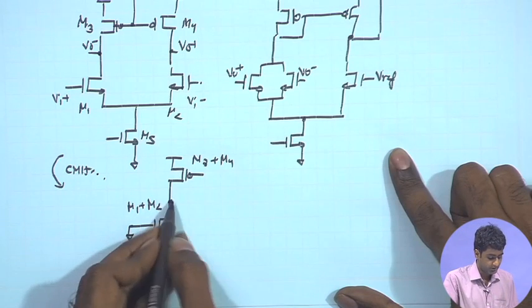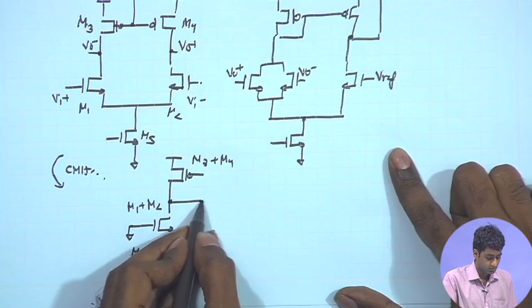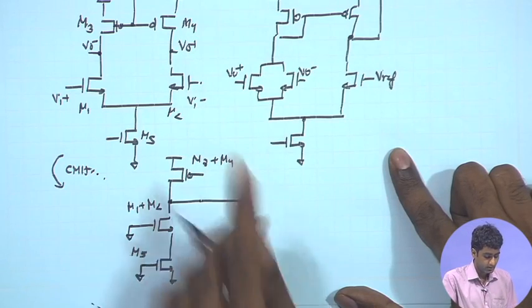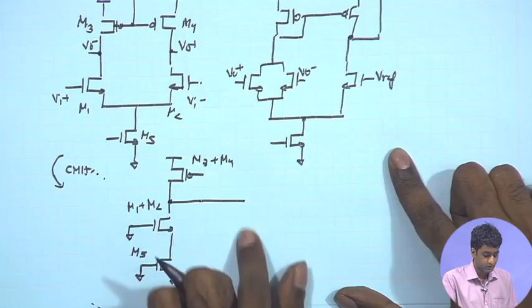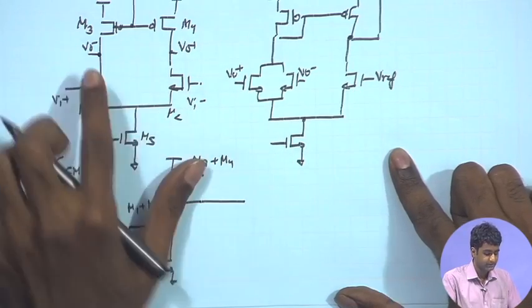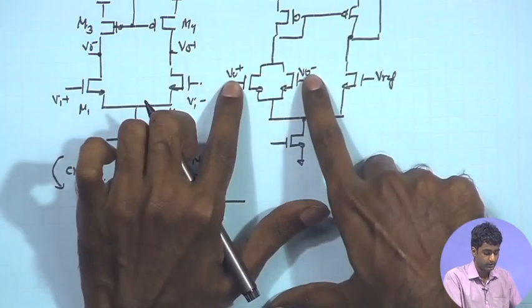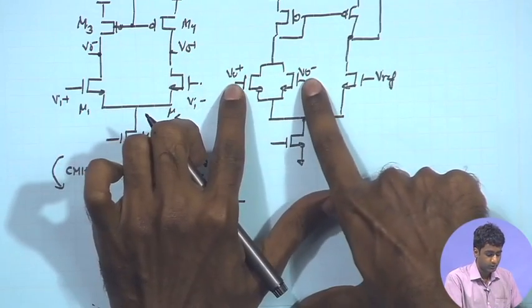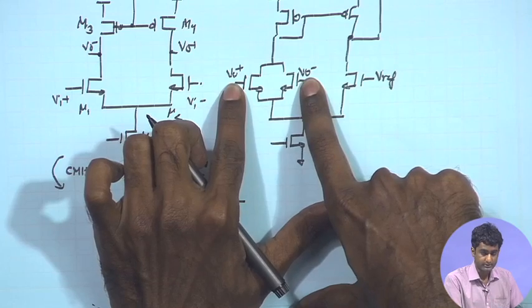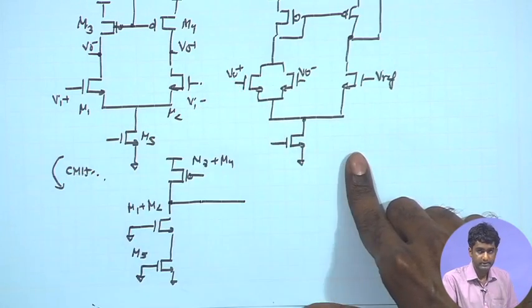Now, the output of this stage, as we know, is going to the error amplifier. So, basically I can put a symbol for this error amplifier. Now, if you look at the common mode DC point, that is, both outputs over here tied together, therefore, both these potentials are also going to be the same, and therefore, if I look at these two transistors, they are having the same gate, drain and source potential.